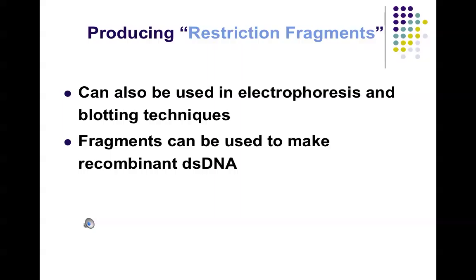Once we've separated the fragments by their size and mass, then we can transfer those fragments from one matrix to another. It's called blotting. We can do all kinds of things once we've established and manufactured the fragments. But of course the trick is getting all the tools together, the enzymes and the building blocks and materials, to actually perform and make those fragments.